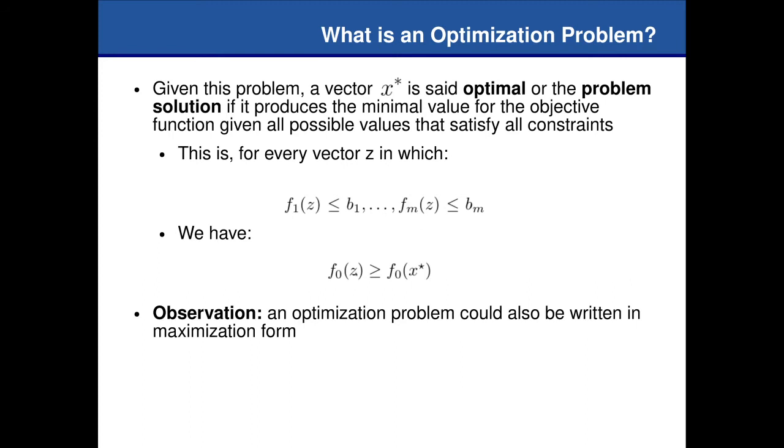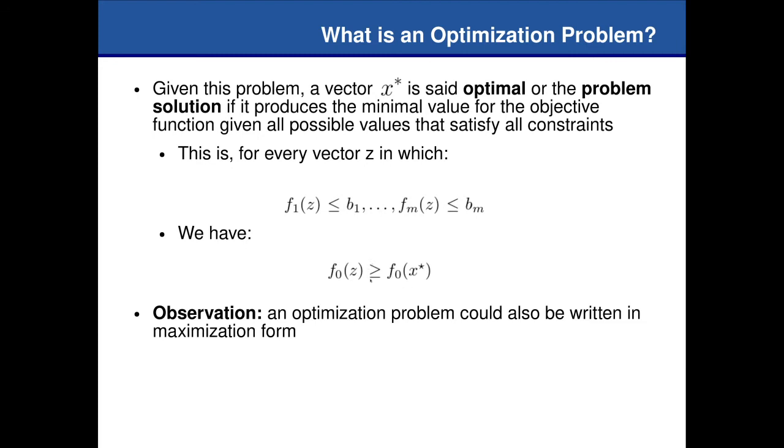Of course, I need to come up with a given z over here to be just a candidate solution. And suppose my constraints were satisfied, as seen over here. If I take that particular value for my vector and apply it in f0, my x star is still better.